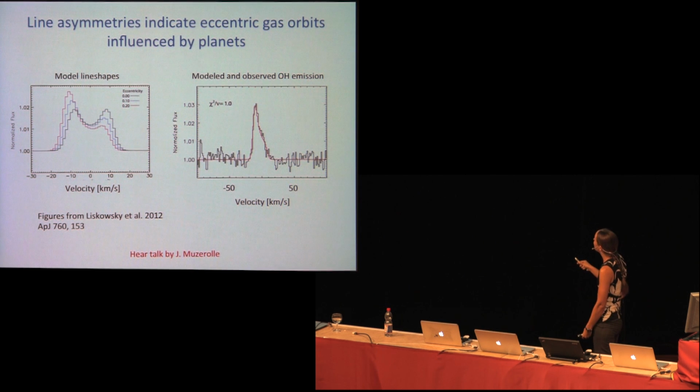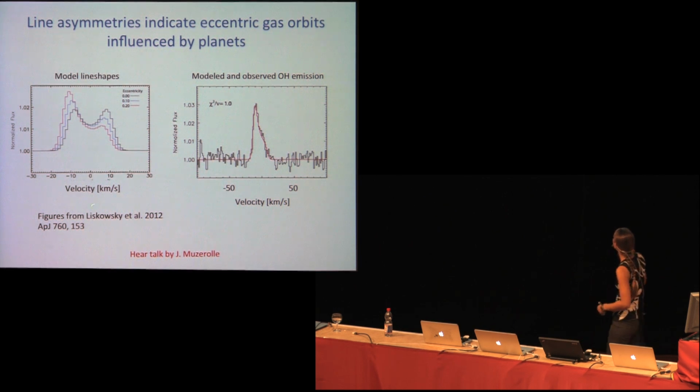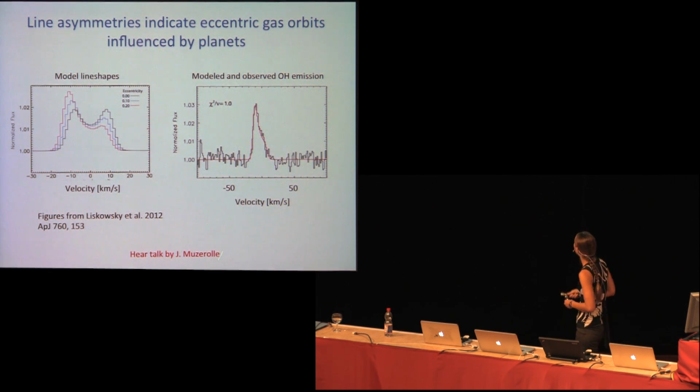If you observe gas lines from that eccentric gas, the line shape can reflect the eccentricity. There's been an actual observation of this effect from Laskowski et al. And we're going to hopefully hear more about the effects of planets and disks from James Muzzerall.